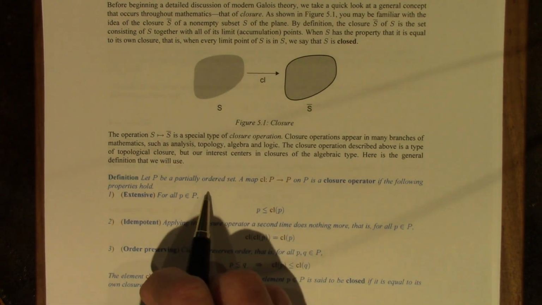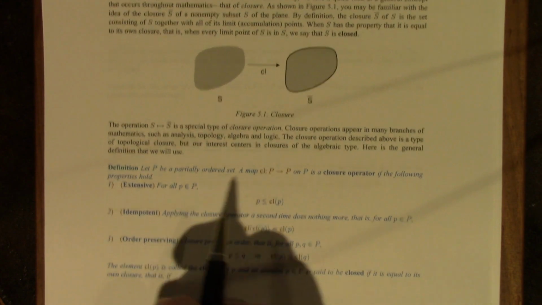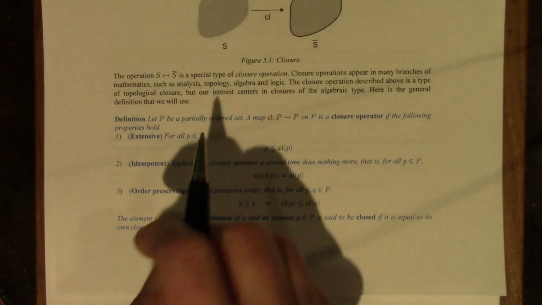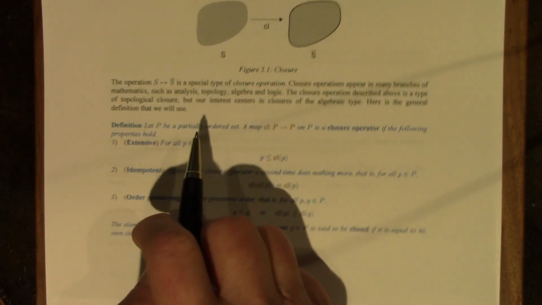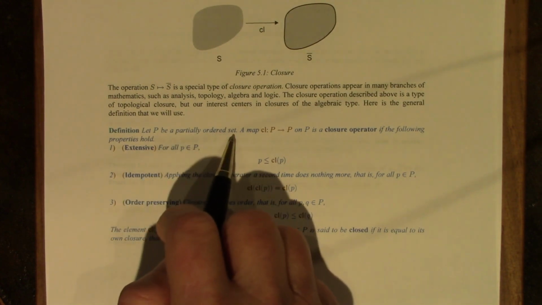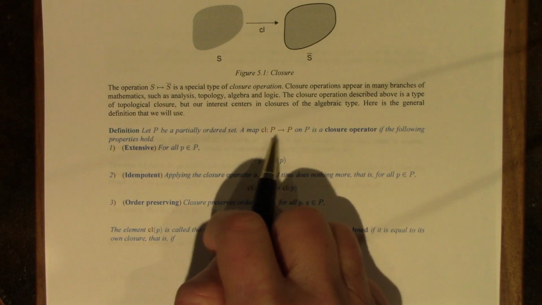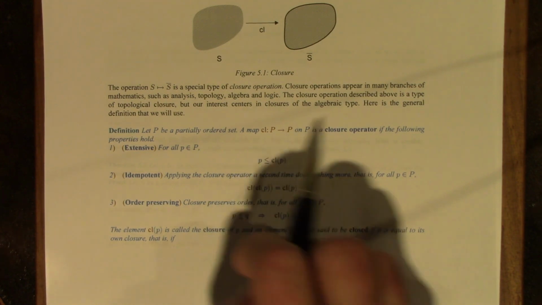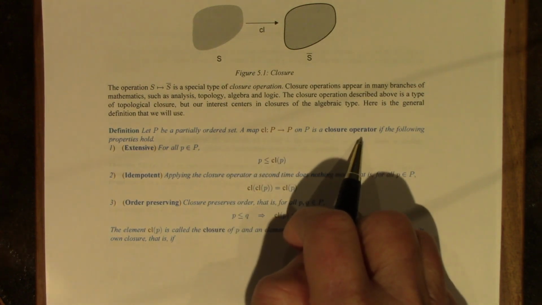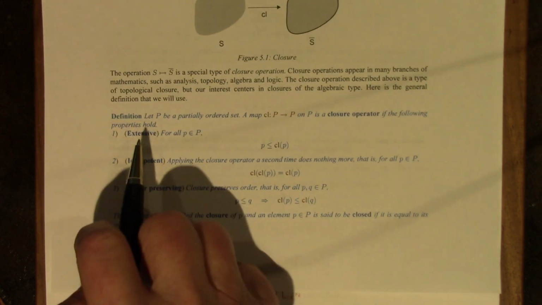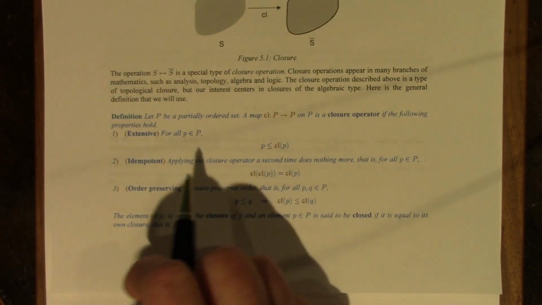And here is the general definition of a closure operation, or closure operator. Let P be a partially ordered set. A map CL of P to itself is a closure operator if the following three properties hold.